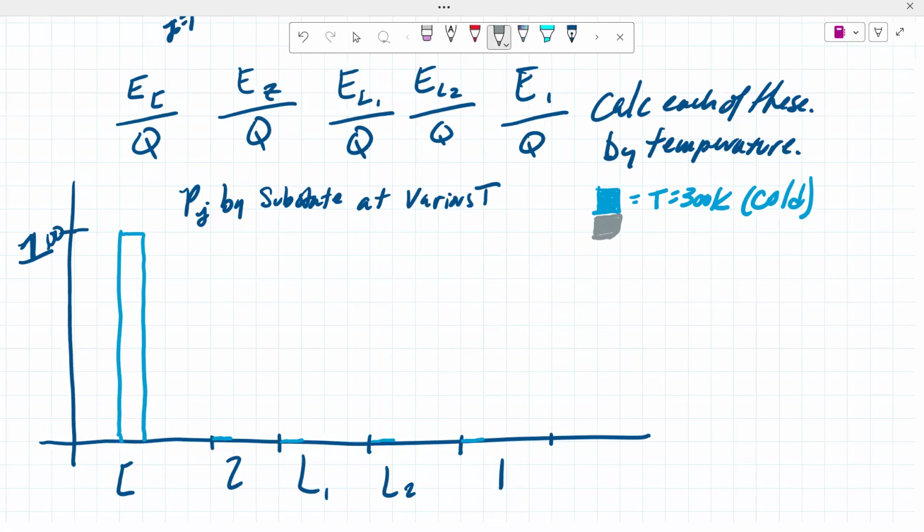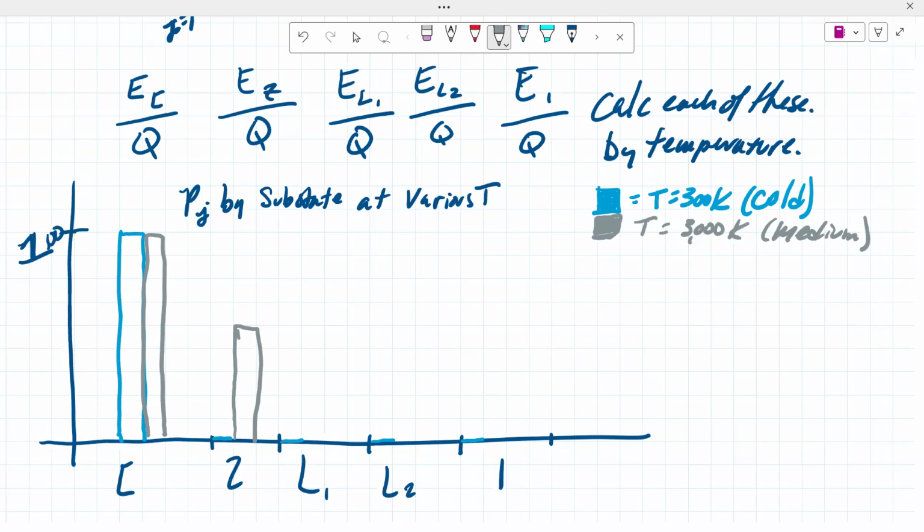This is gonna be 3,000. This is medium. The ground state is still accessible at 1. But what happens is these start to grow in. Now this one is going to be around halfway up.